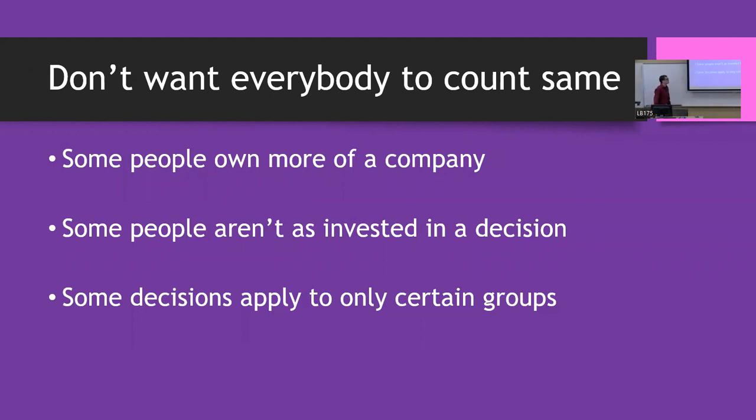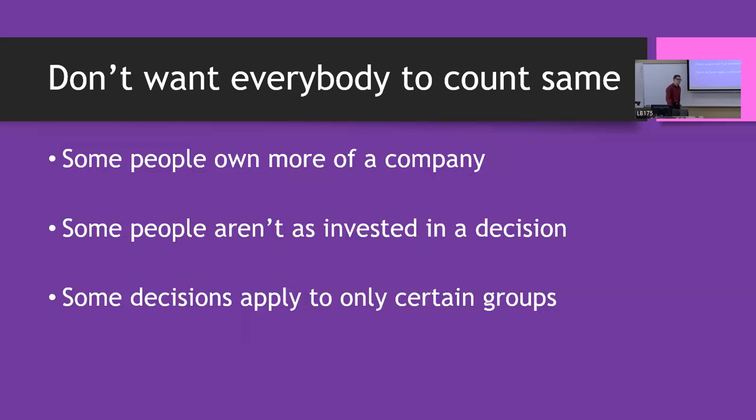Also, there are situations in which some people are just more invested in certain decisions than others. And obviously, there's some decisions that only apply to certain groups or certain people. Like, for instance, I don't need you all to vote on what I get to eat for dinner tonight, right?